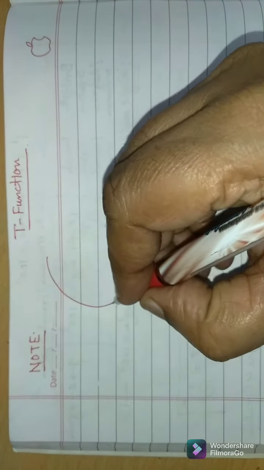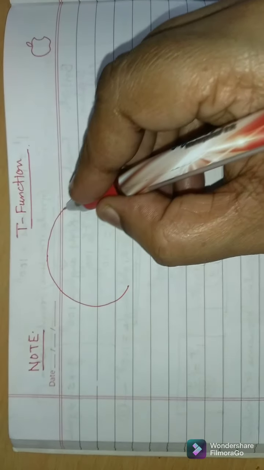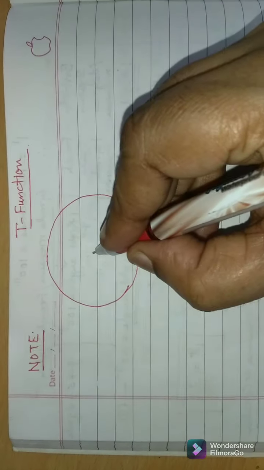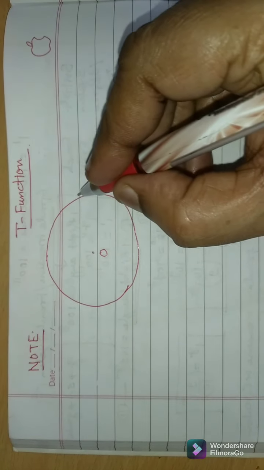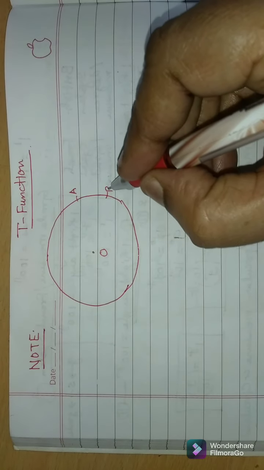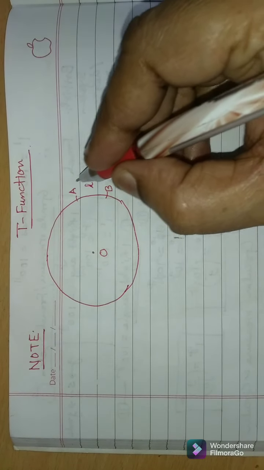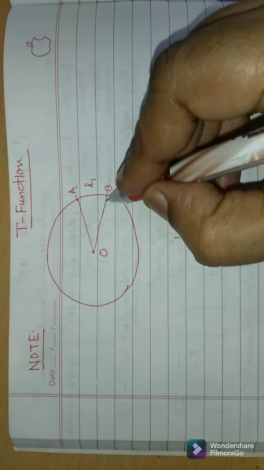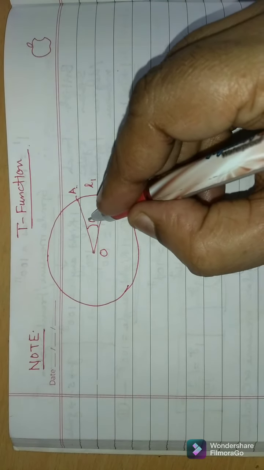Now, if I take a circle with center O and take an arc AB of length L1, it makes angle θ1.